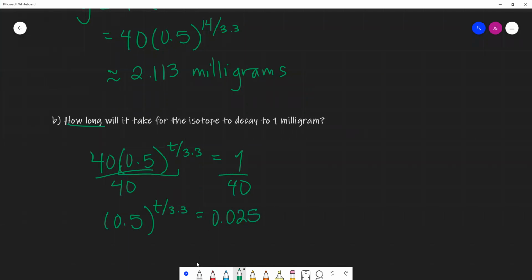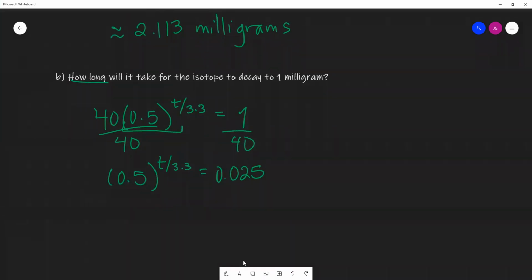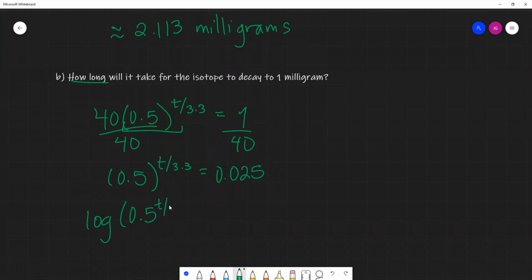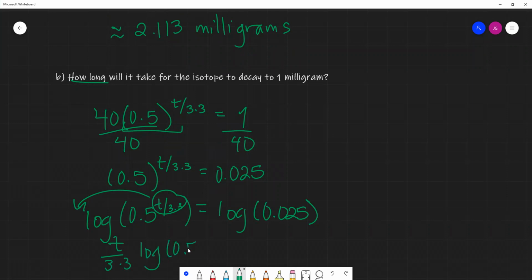Okay. And then here, just like we did last time, we're taking the log of both sides. So we get log of 0.5 to the t over 3.3 is equal to log of 0.025. And then now we can bring down this exponent to the front. We get t over 3.3 log of 0.5 is equal to log, same thing, 0.025. Cool.